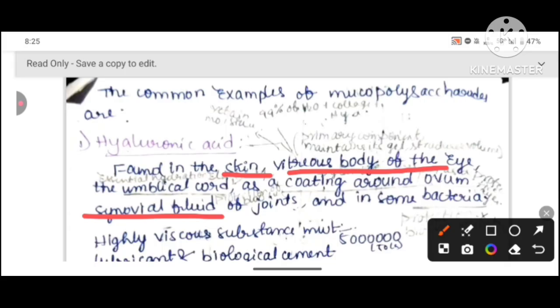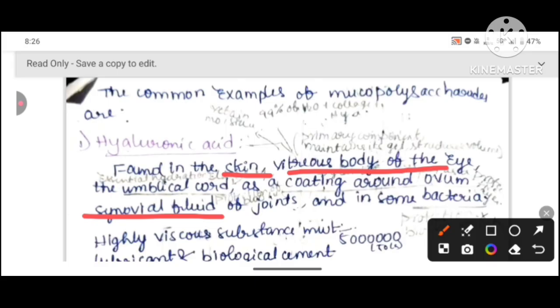Hyaluronic acid is present in these particular regions of the body: the skin, the vitreous body of the eye, and the umbilical cord. This is for hydration purposes. It is identified in the umbilical cord for essential hydration, and acts as a coating around the ovum.